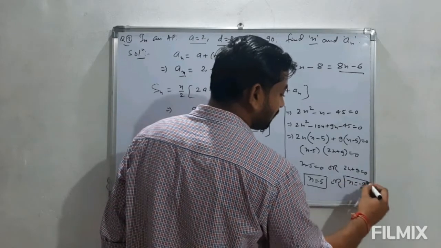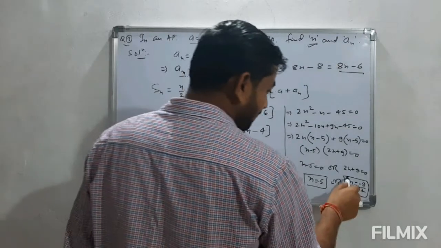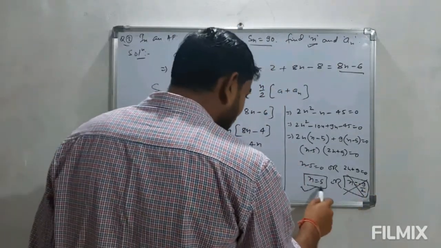As we know, the value of n is the number of terms, and the number of terms cannot be negative, so the value of n is 5.